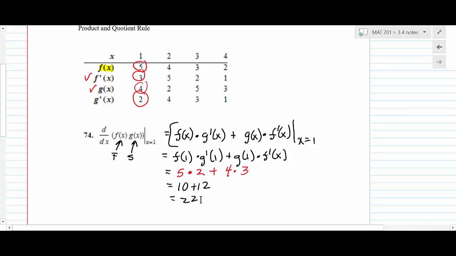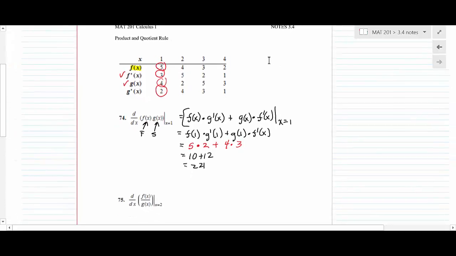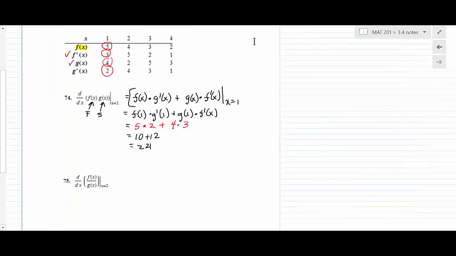Okay, let's do the next one. Any questions on that? That's basically a way to check you on the product rule. And the next one, what kind of rule are you going to work with? This is a quotient rule, right?